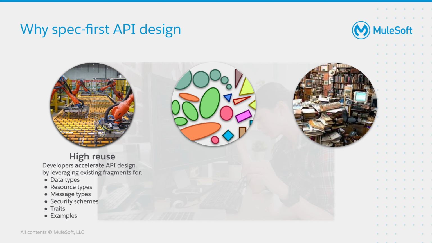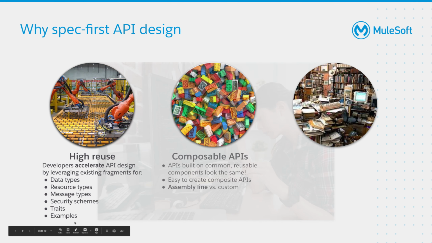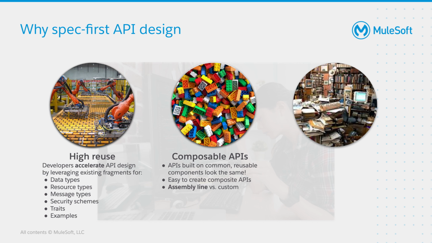And that leads to, instead of no reuse, no standardization, and hard to consume, high reuse, much more of a factory type of approach where developers can actually accelerate their API design because they're leveraging data types and resource types and those that have already been created. They're composing APIs from these reusable assets.